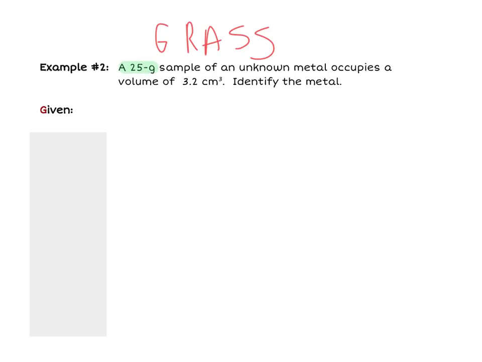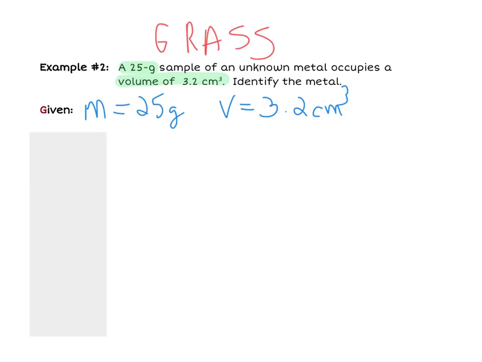Grams is a unit that I use to measure mass, and so I know that I'm given the mass in this question of 25 grams. So I'm going to write that out. As I read through this, I also notice that I am given that the volume is 3.2 cubic centimeters. So I'm also going to include that in my givens. V is equal to 3.2 centimeters cubed.